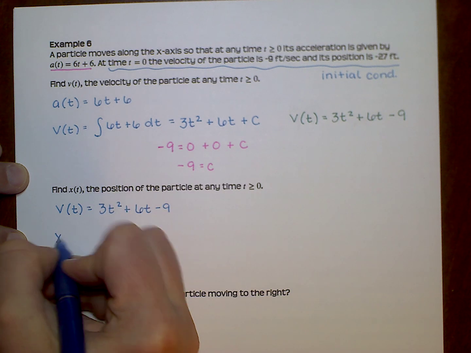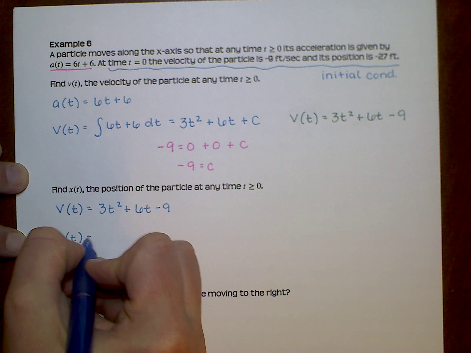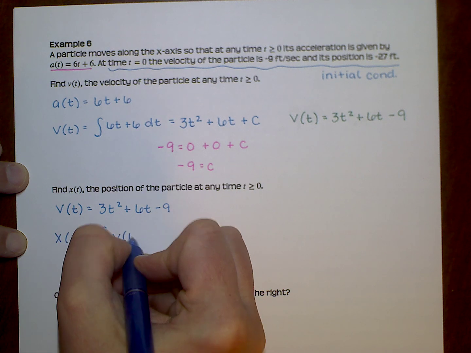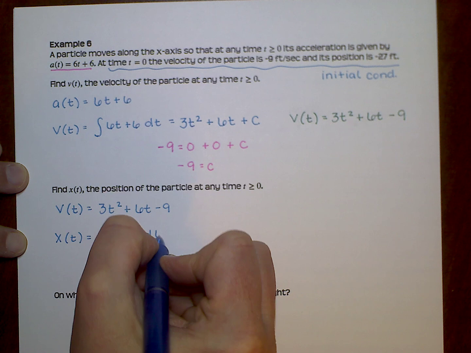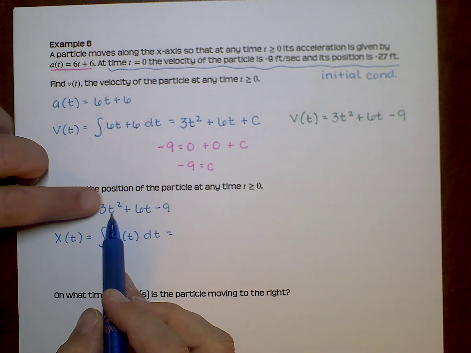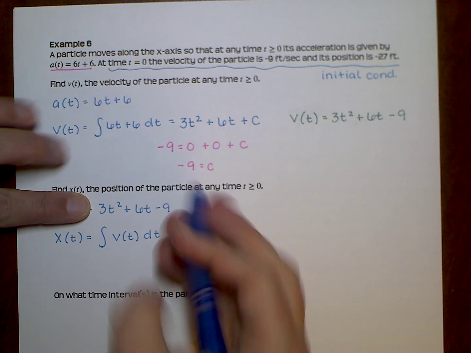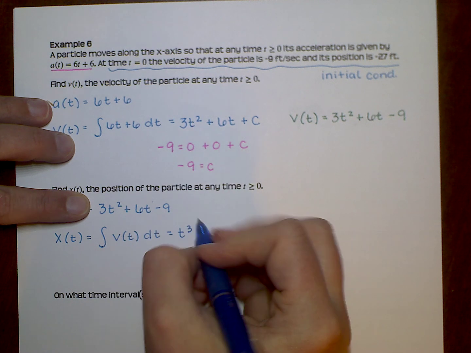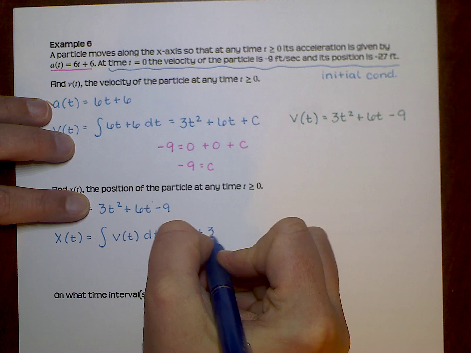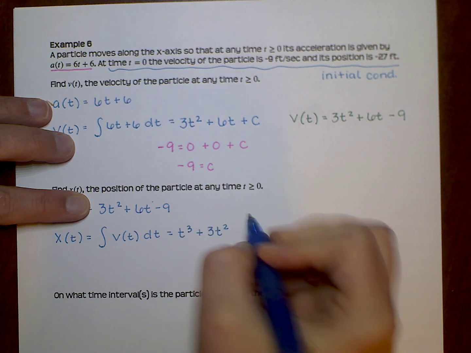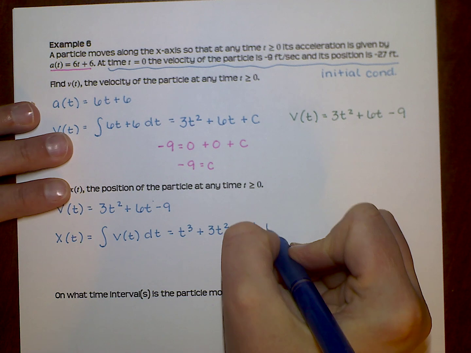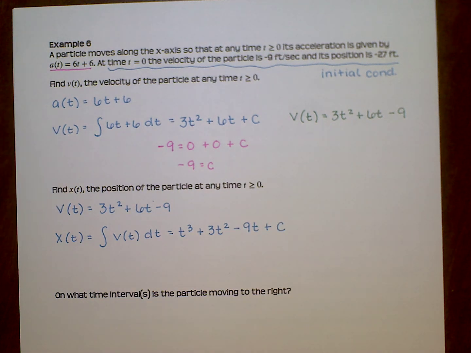So if I want my position function, that's going to be the integral of v of t, which is, let's add 1 and divide. So that's going to give me a t cubed. Add 1 and divide, so that's going to give me a 3t squared. My negative 9 is going to give me a negative 9t. And then because it's a general antiderivative right now, it's going to have a plus c.